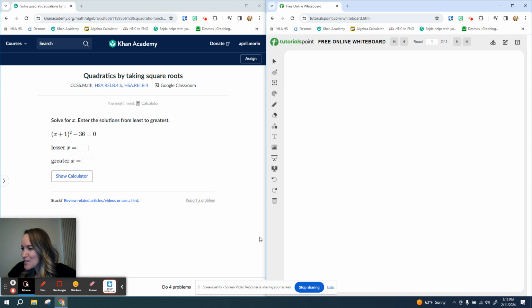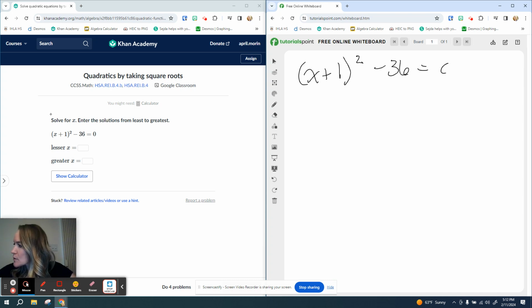I'm still looking for the zeros because I'm solving for x. So I have x plus 1 quantity squared minus 36 equals 0. So I can add that 36 over. X plus 1 squared equals 36.